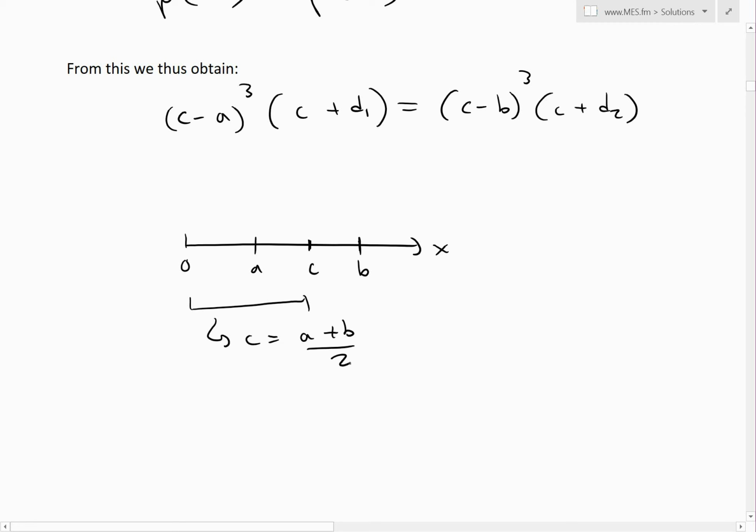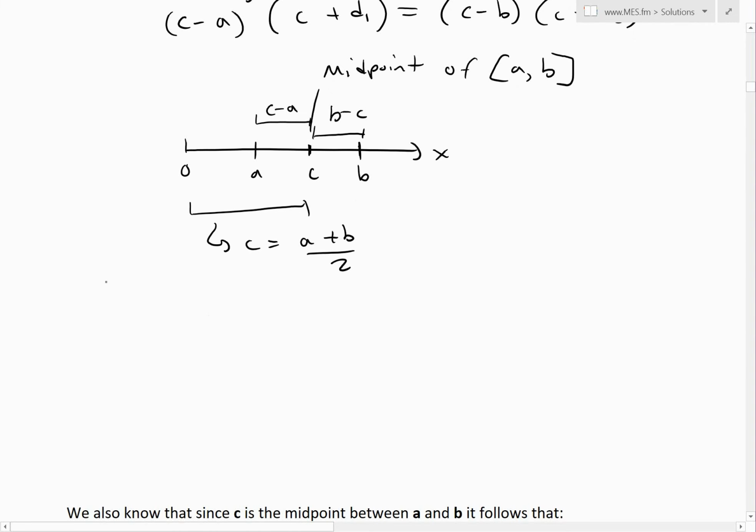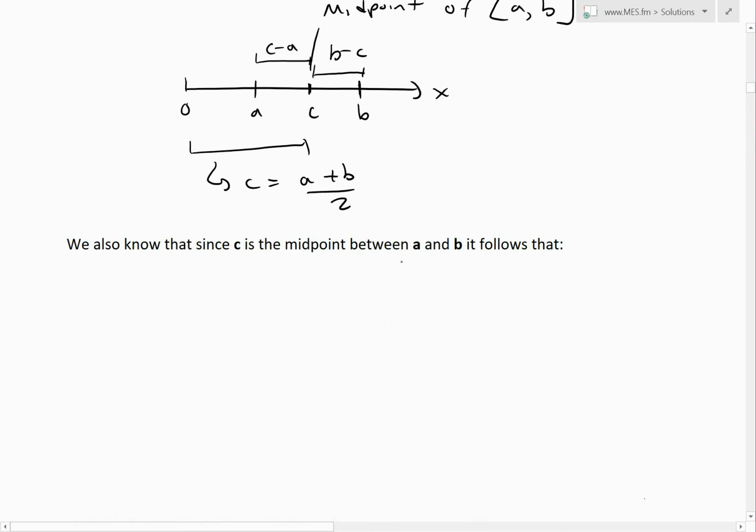It is the midpoint from a to b, so the distance b minus c equals c minus a. Since c is the midpoint between a and b, it follows that c minus a equals b minus c. So I'm going to rearrange this further.